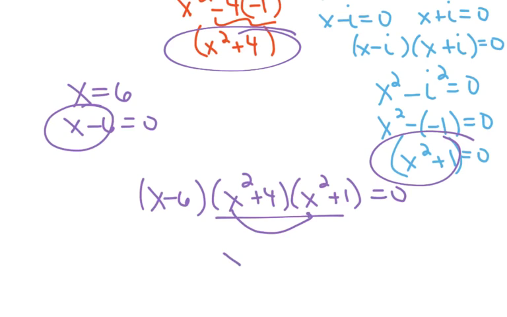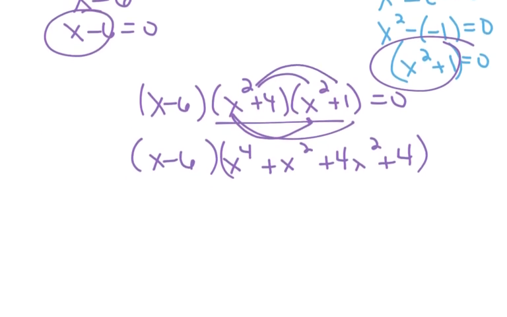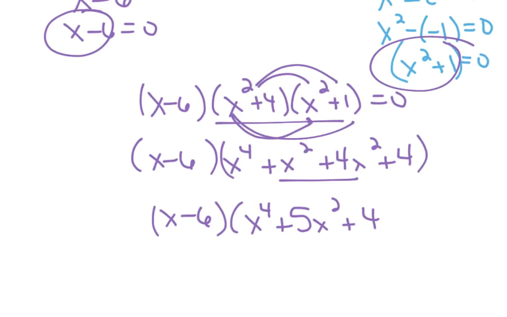I'm going to get x to the 4th plus x squared plus 4x squared plus 4. And I've done nothing with x minus 6 yet. These are like terms, so I'm going to combine them. I'm going to get x to the 4th plus 5x squared plus 4.